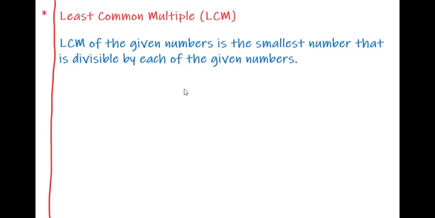So they will give you certain numbers and you have to find the LCM. Means what you have to find? You have to find the smallest number which will be divisible by each of the given numbers. Okay. So we have learned about LCM in standard 6. So let's recall about it.